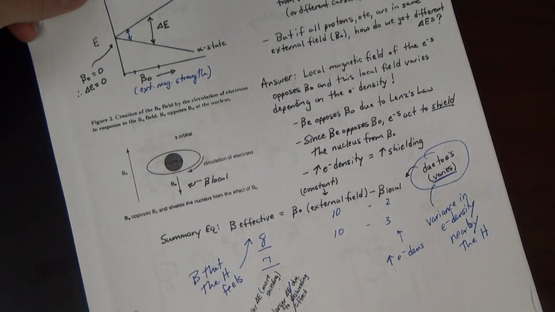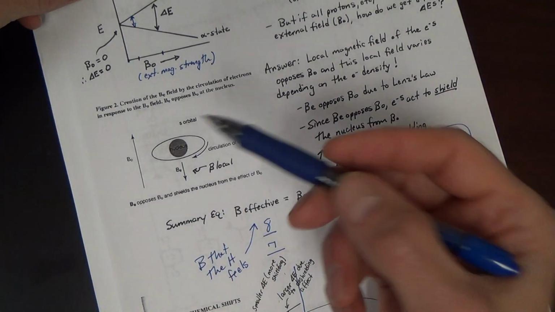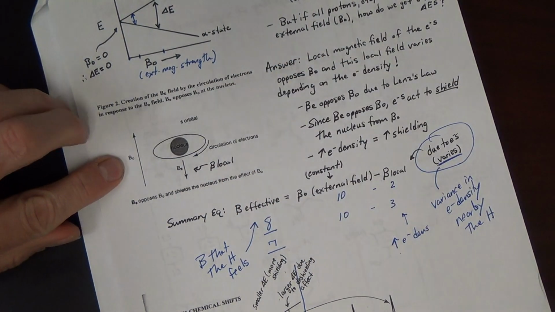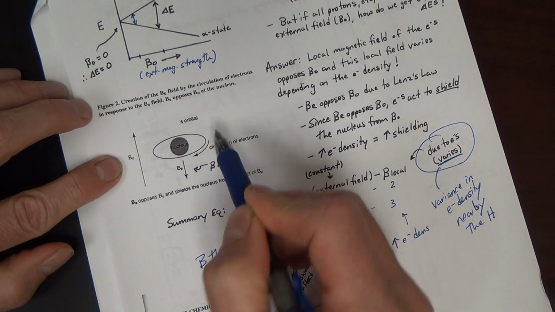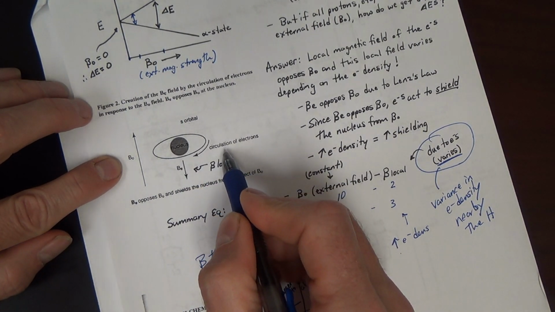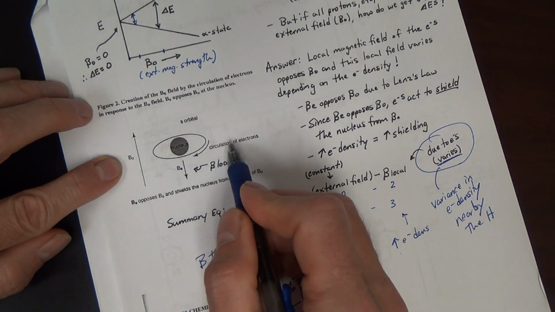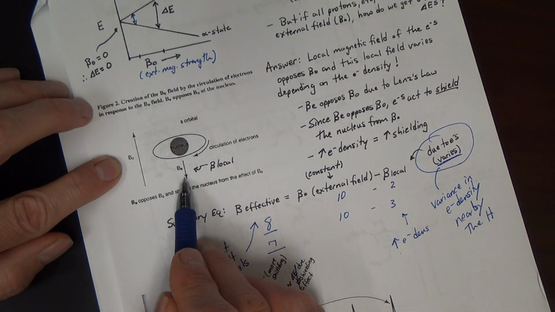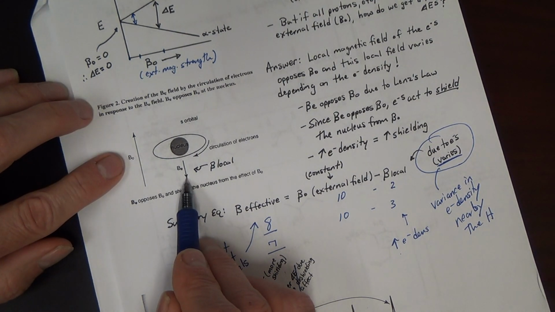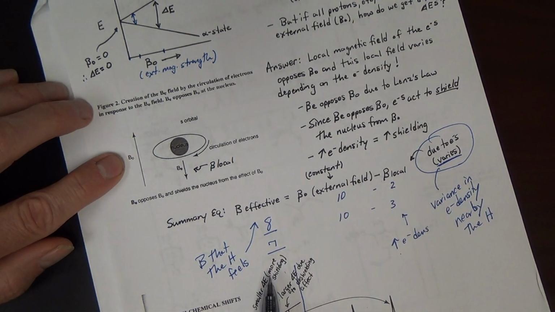I didn't mention this going through. External field. The electrons, it's sort of showing circulation of electrons. That's very general. Ultimately, the magnetic field for the electrons is going to oppose the external field. That's what we said here. Okay.